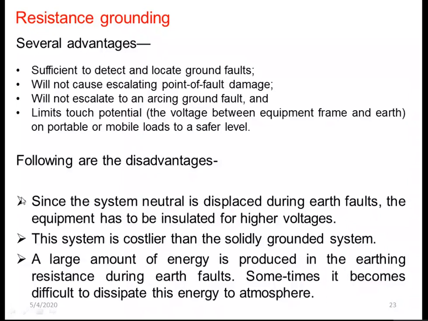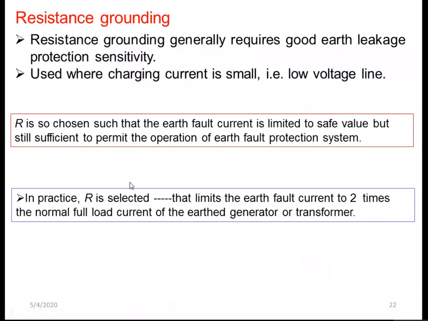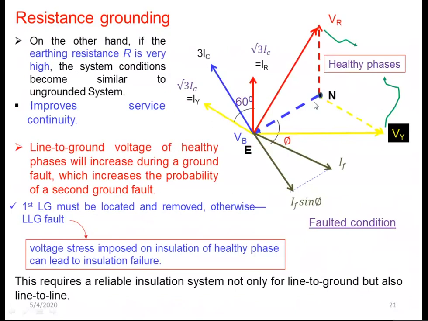However, there are certain disadvantages as listed here. If you refer to this phasor diagram, for the faulty phase, there is a rise in the voltage of the neutral here.